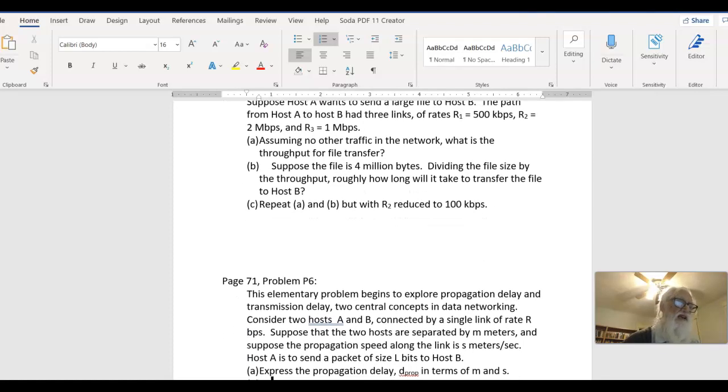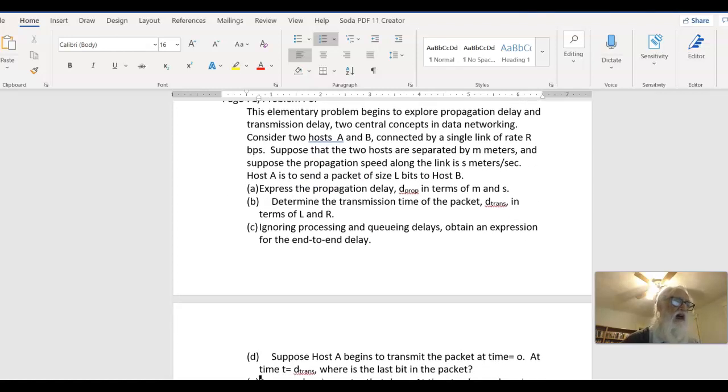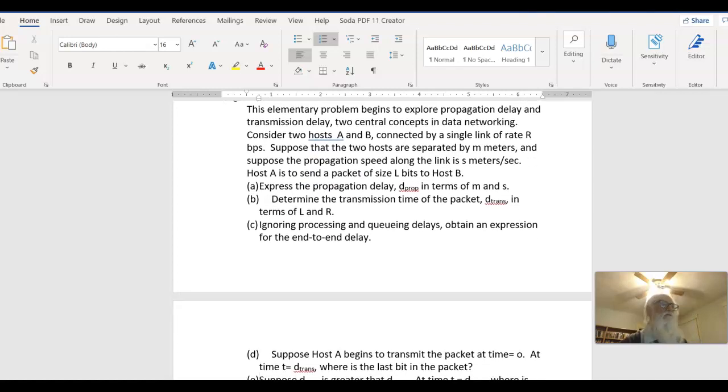Now, problem 3 is a little more interesting and perhaps a little more complicated. They say it's elementary, but we'll talk about that. What you need to do in this one is we're thinking about 2 possibilities. One's called packet switching and one's called circuit switching.